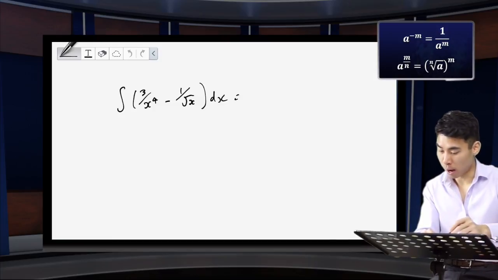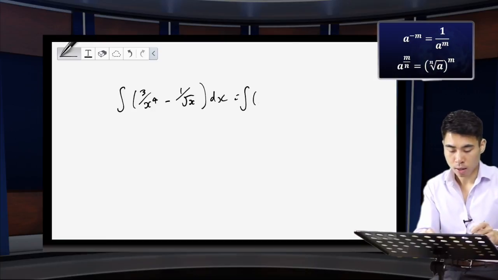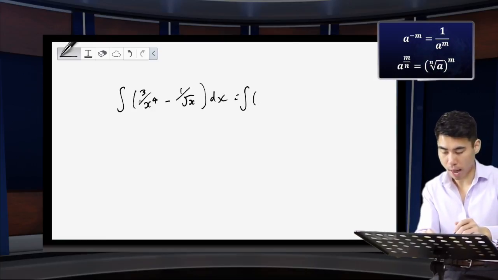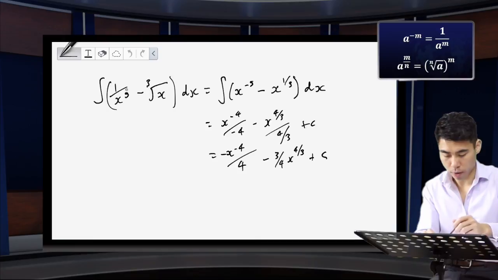So again, just applying my index laws here. So looking at this first term here, 3 over x to the 4. So you compare this to what we had previously. So here we had 1 over x to the 5, and that came out as x to the minus 5.